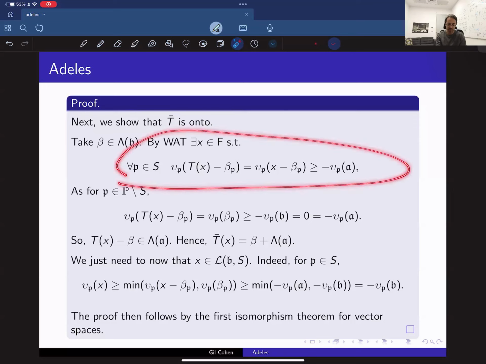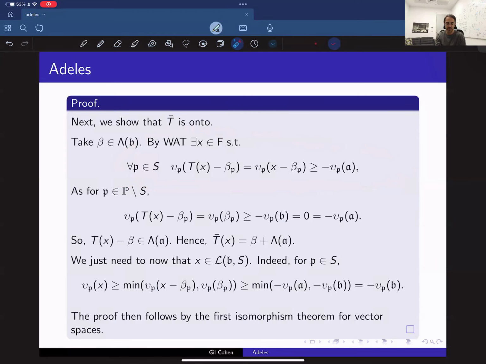The weak approximation theorem can only worry, at least for now, for finitely many prime divisors.